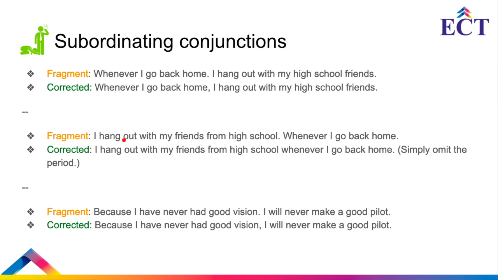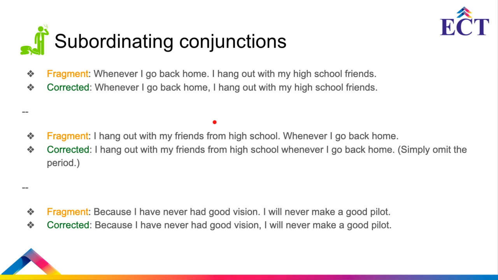Similarly, I hang out with my friends from high school whenever I go back home. Now, this also has a mistake. It will be: I hang out with my friends from high school whenever I go back home. Remember, if you put whenever at the beginning of the sentence, then you put a comma.